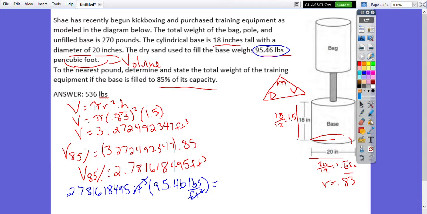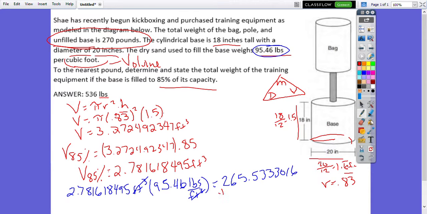So we multiply that number times 95.46. We get a weight of 265.53333016. And remember, our original base with no sand in it weighed 270 pounds.